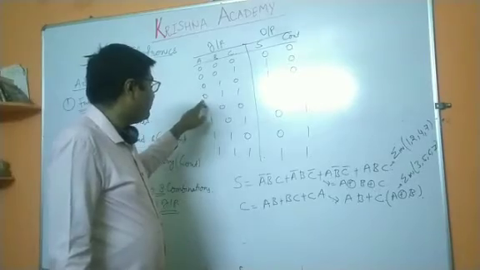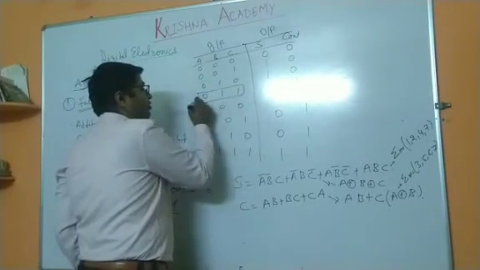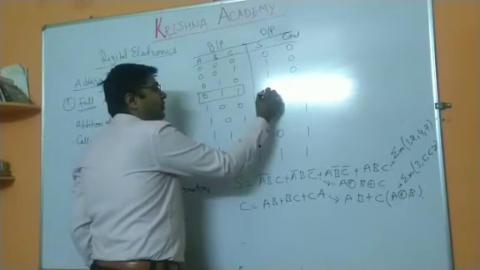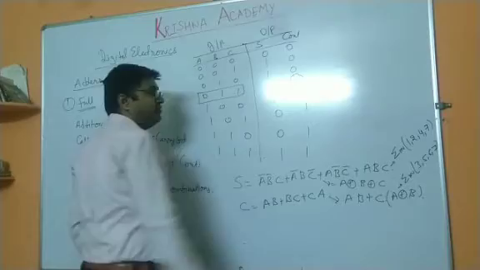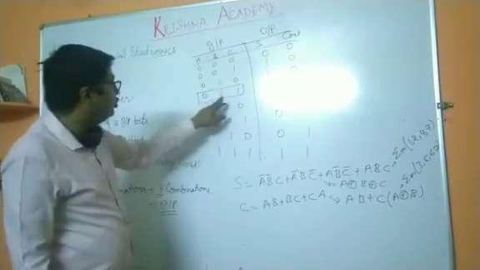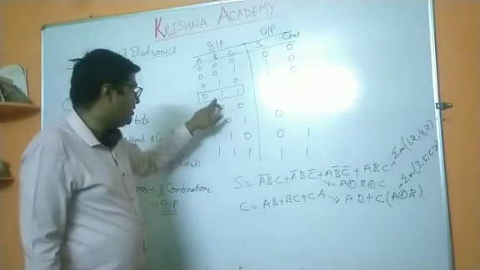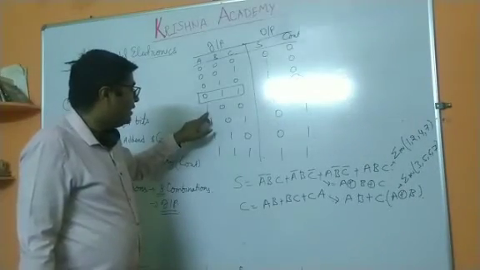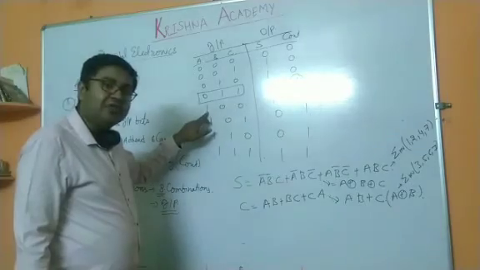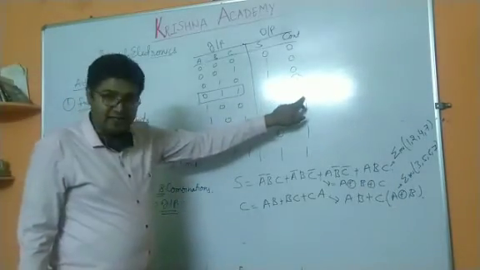But whenever there are 2 ones, like in this logic, the sum will be 0 but carry will be 1 due to 2 logic ones. Again, when there is only one bit that is logical high, the sum is 1 and carry is 0.